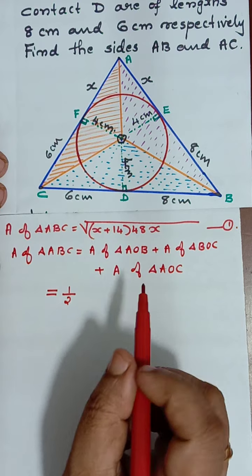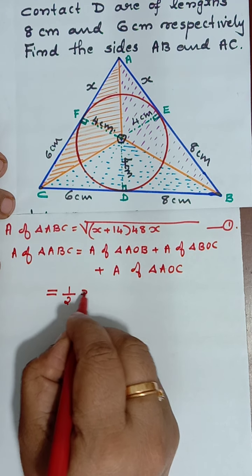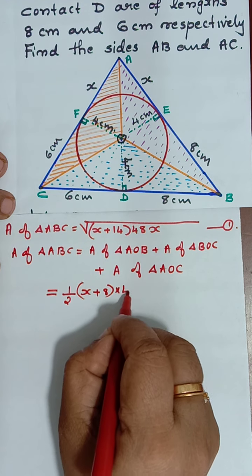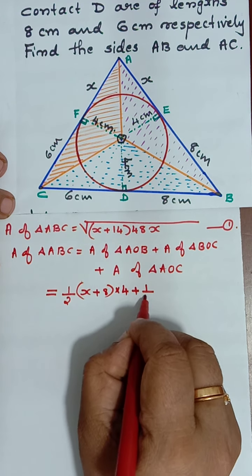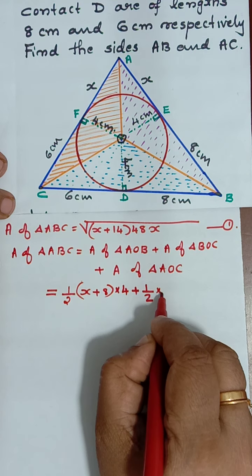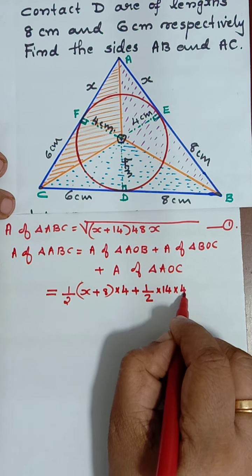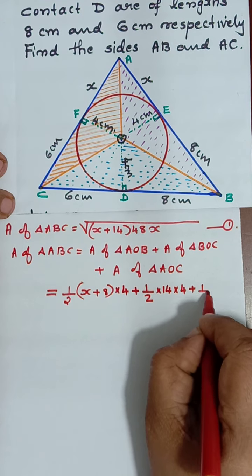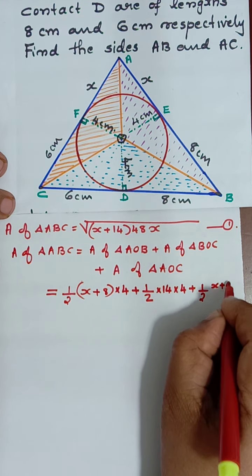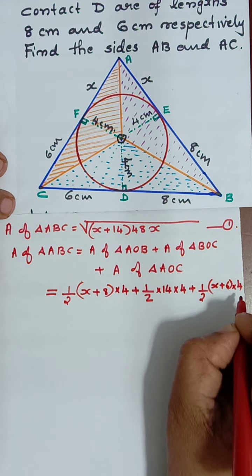Half into, for AOB, base is x plus 8, into height 4, plus half into, for BOC, base is 6 plus 8 is 14, into height 4, plus half into base x plus 6, x plus 6 into height 4.